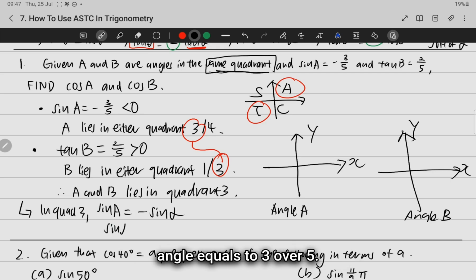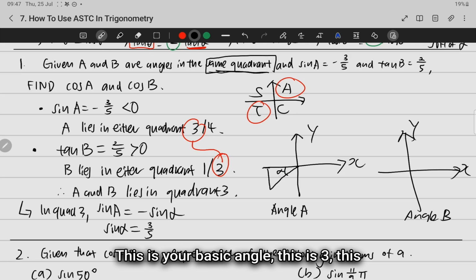That means sine basic angle equals 3 over 5. So if we were to draw it out, it will look like that. This is your basic angle. This is 3. This is 5. And this is your 90 degrees.